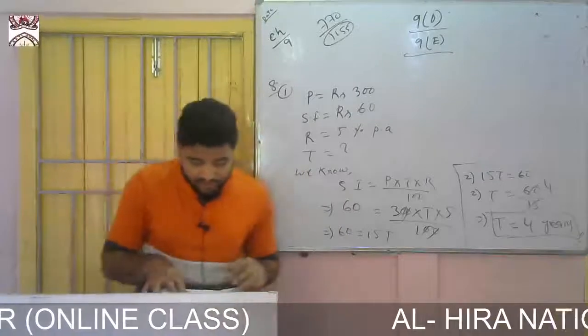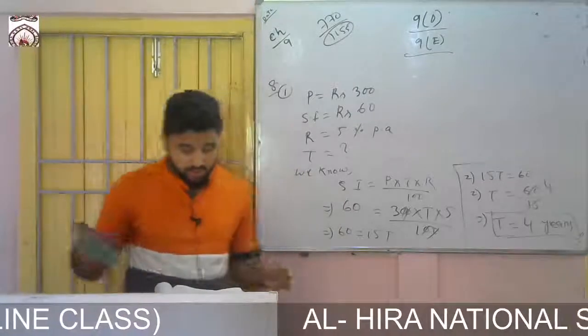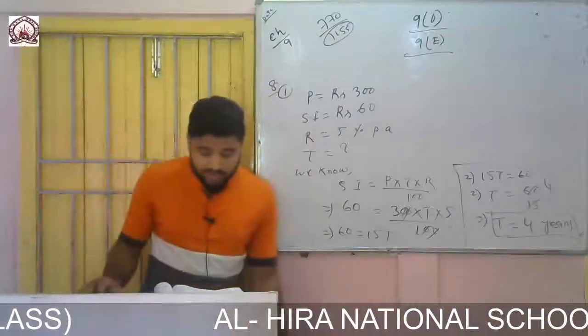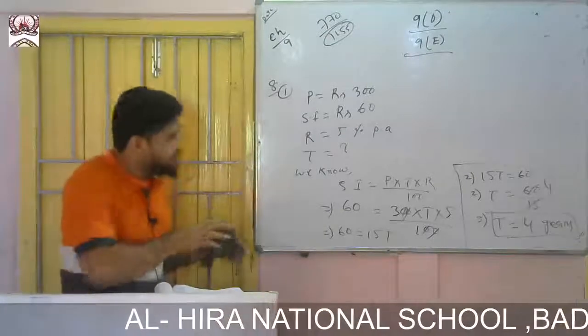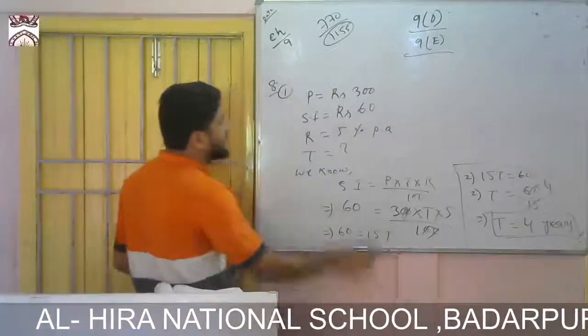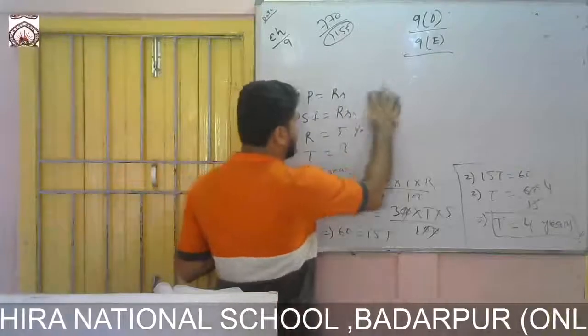Now come to the question where one fractional part is there. So let me show question number 2. Question number 2 is principal is rupees 500. So this one finished.